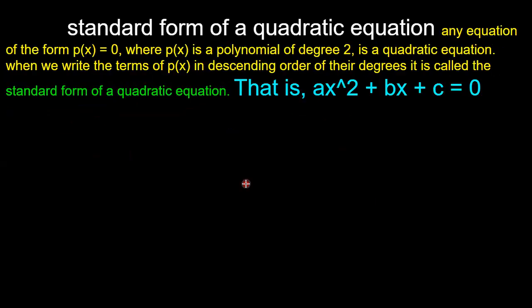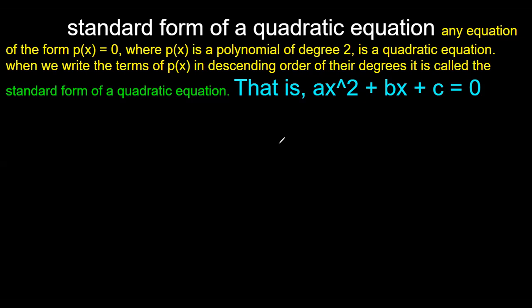All right, standard form of quadratic equation. Now, what is the standard form of a quadratic equation? Sometimes the terms of a quadratic equation are written here and there in a jumbled manner.